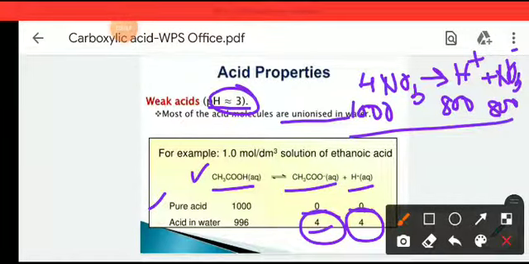You can surely see that here for the 1000 we get only 4 ions of CH3COO minus and 4 ions of H plus. So it is a very weak acid with respect to HNO3 or HCl or H2SO4. That is why carboxylic acids are called weak acids, and their pH tends to 3.